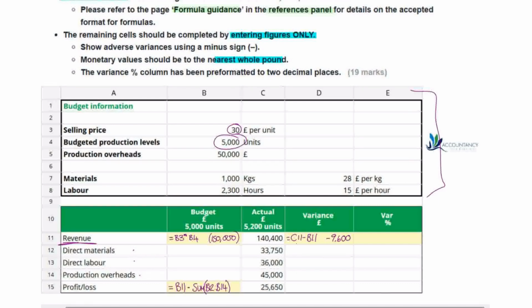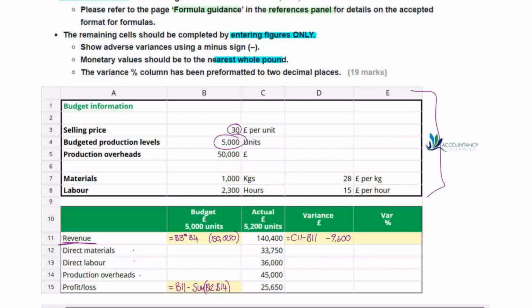And just to explain why, because we've done the actual, what did we actually make minus what we budgeted, because the budget is higher than the actual, it means our variance has to be negative, it has to be adverse. If you'd done it the other way round, it would have shown as a positive variance.